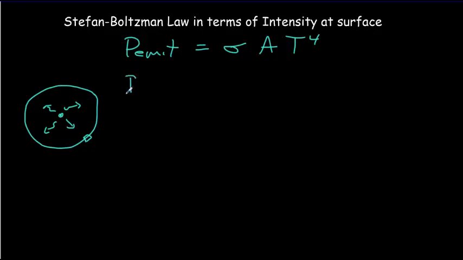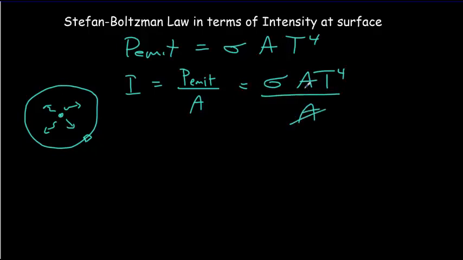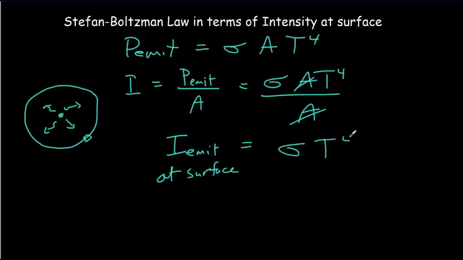So that intensity would be equal to the power emitted, sort of imagining it at the center, divided by the surface area of the body. So we're going to get sigma A times T to the fourth divided by the surface area. Surface areas are going to divide out, and so we'd get the intensity emitted at the surface to be equal to sigma T to the fourth power.